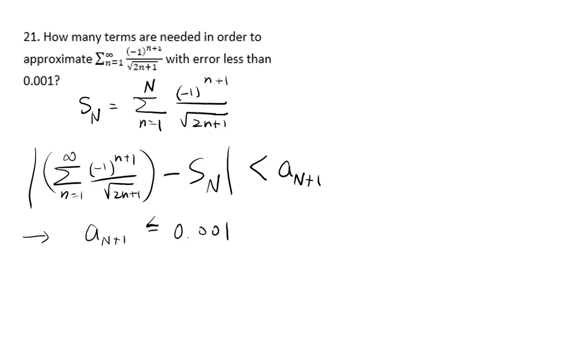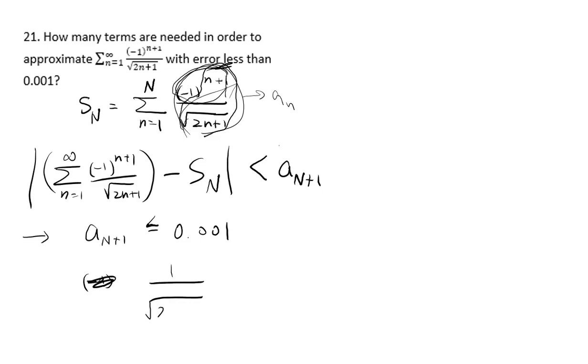If I replace n by capital N plus 1, the negative one part just changes the sign, so we really need 1 over the square root of 2(N+1)+1, and that has to be less than or equal to 0.001.